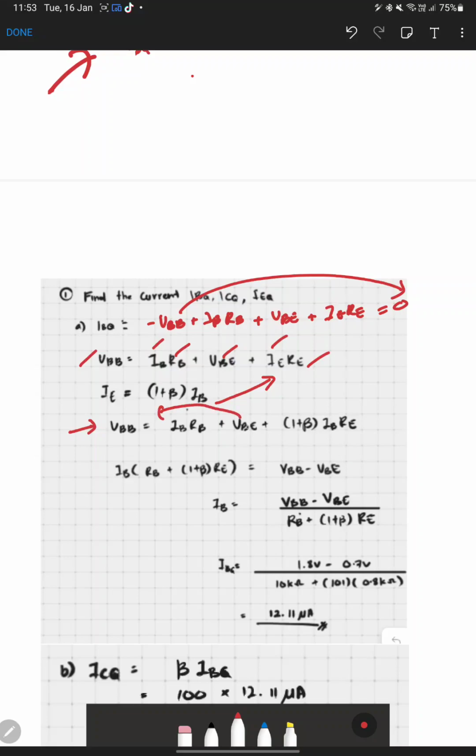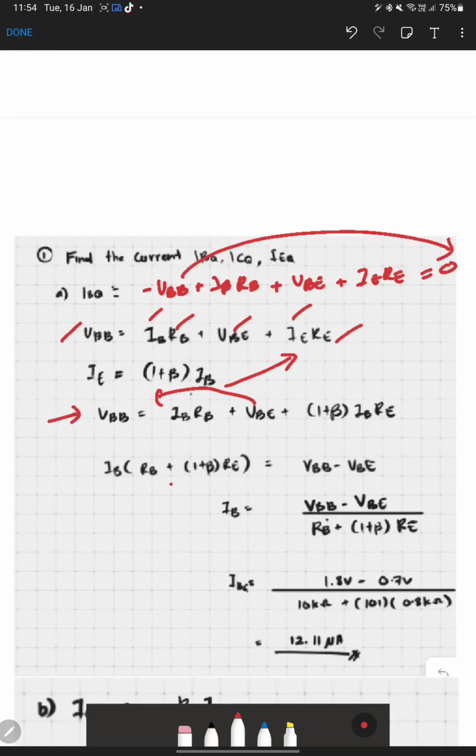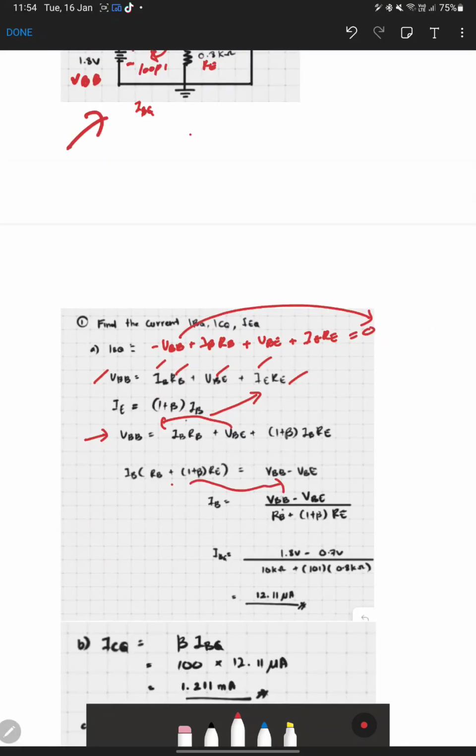So plus here, going there, becomes minus. So we simplify for IB. So IB equal to VBB minus VBE over RB plus 1 plus beta RE. Then we bring our resistance to the right side. So at the left side it is a product, and if we move to the right side, it becomes a division.